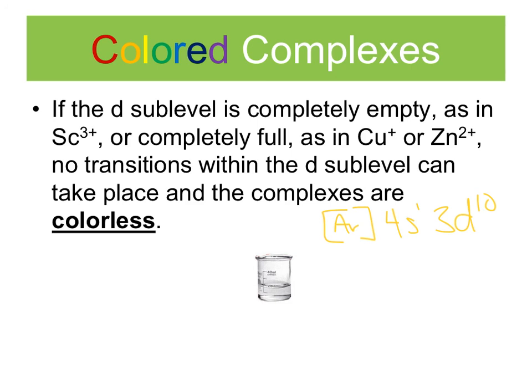And remember, copper was one of the exceptions to Aufbau's rule, so it would steal for its 3d to have a completely full orbital and only have the 1 valence electron to start with. So the +1 ion would just lose that 4s electron, leaving only 3d10. Completely full d orbitals, completely empty d orbitals, these will not have transitions, and therefore they would be colorless.